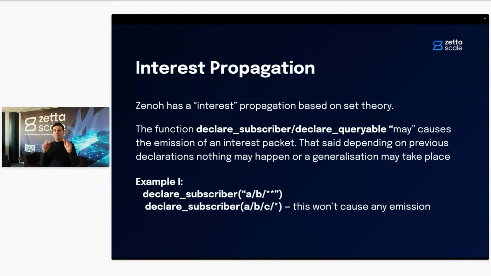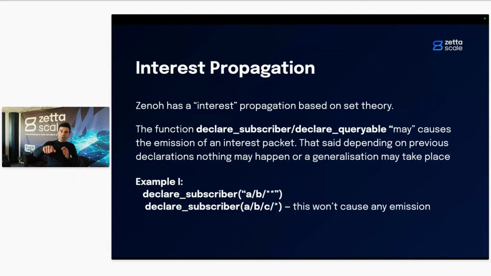Conceptually, whenever there is a declare subscriber or declare queryable, those operations may cause the emission of an interest packet. And so suppose, let's assume I'm a client and I'm connected to a router. If an application does a declare subscriber, and that's the first declare subscriber ever since my main was started, it's fair to assume that that interest will be propagated to the router.